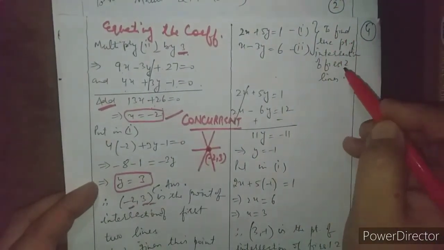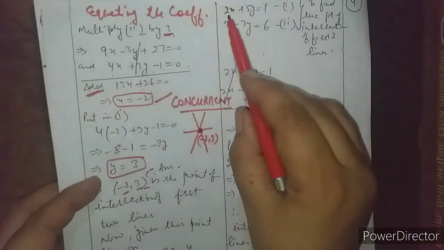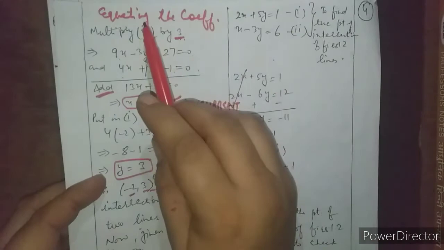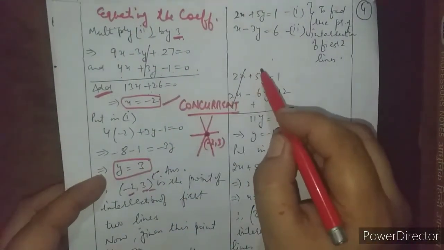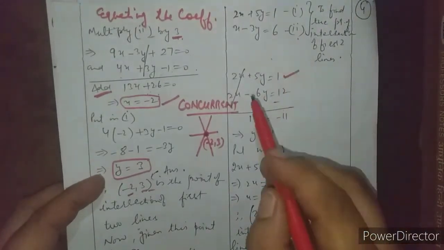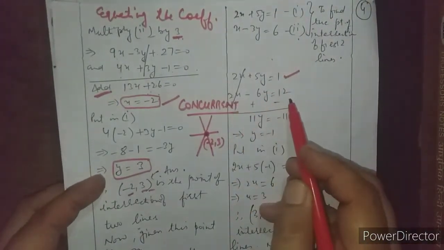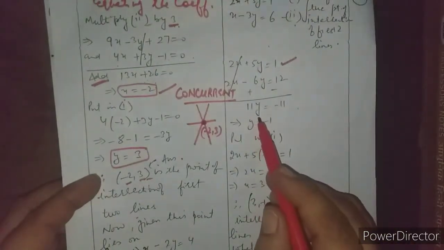To find the point of intersection of the first two lines, this is exactly the same equating the coefficients process I am repeating here. So I have kept the first equation as it is, but the second equation I have multiplied everywhere by 2.